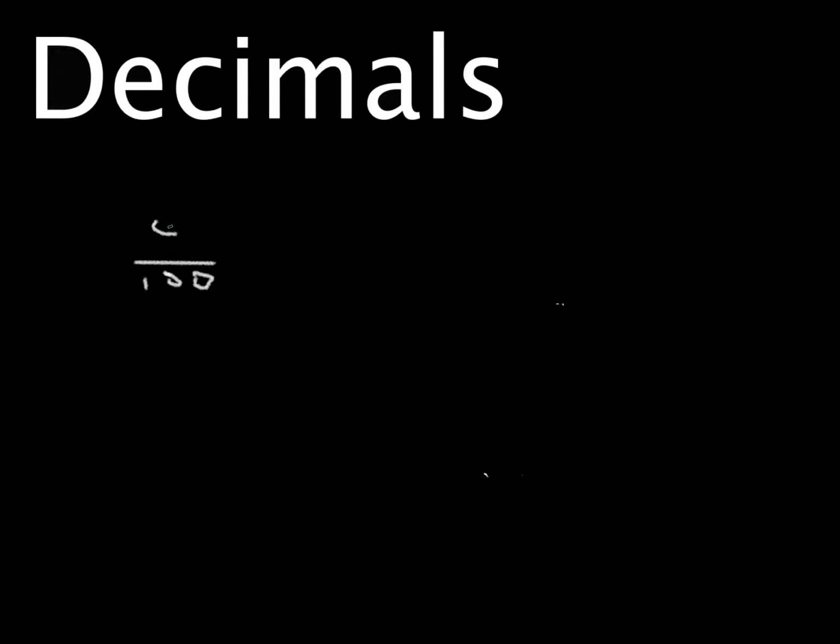Let's say 45 out of 100. The decimal is going to be 0.45. I know you can't read my messy writing, but this is the basics of decimals and how it works.